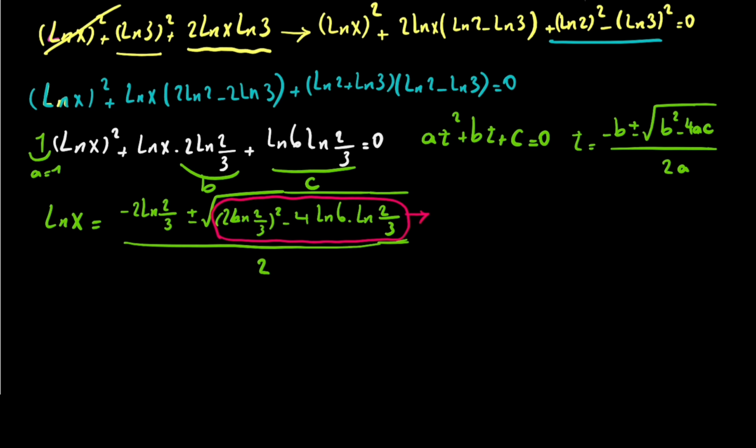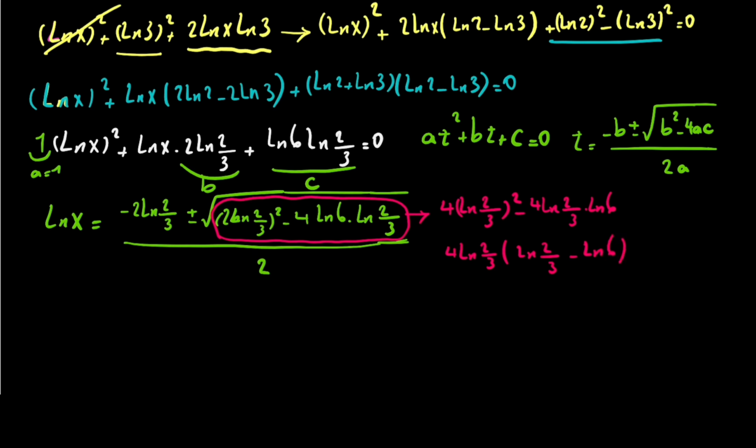If you calculate this, you can write it as 4 ln 2 over 3 squared minus 4 ln 2 over 3 times ln 6. So if you look at this, we can factor 4 ln 2 over 3, so you will have ln 2 over 3 minus ln 6.